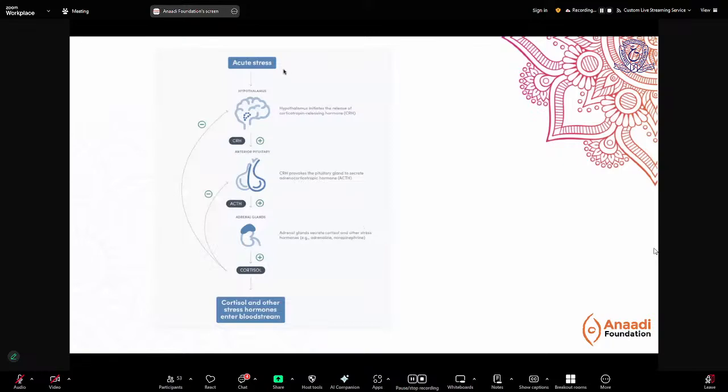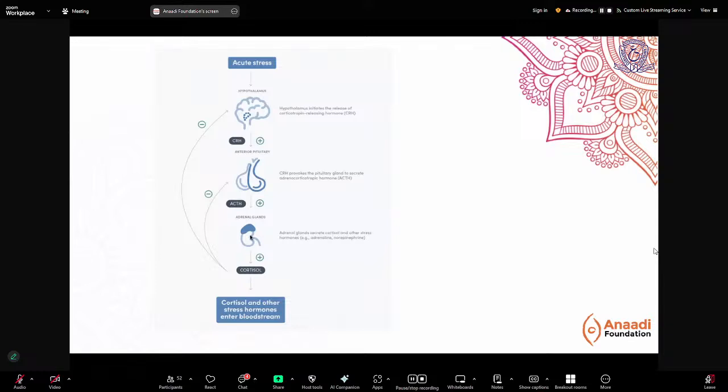This is the drawing. There is an acute stress that you experience. It is processed by the hypothalamus. Then from the hypothalamus, a hormone is secreted, called corticotropin releasing hormone. That hormone is passed on to the pituitary gland, which is again in the brain region, right? The CRH provokes the pituitary gland to secrete ACTH.